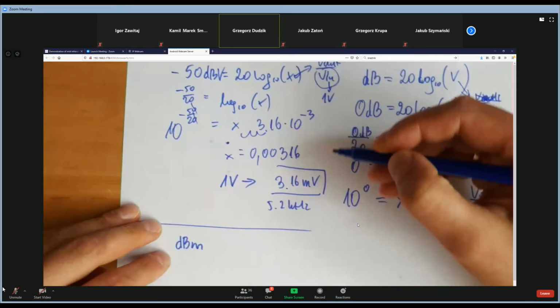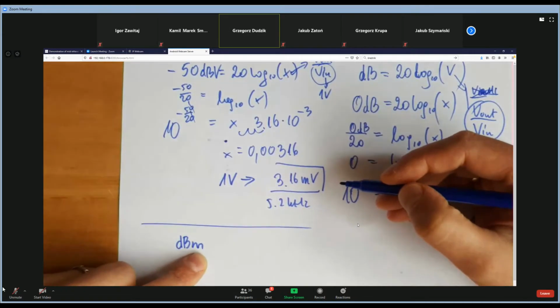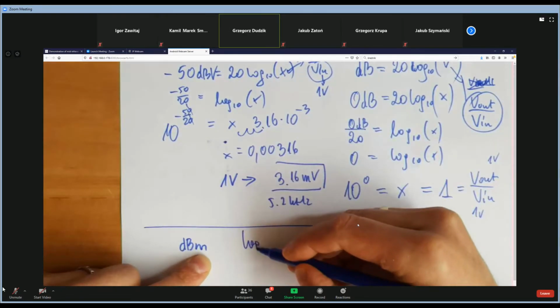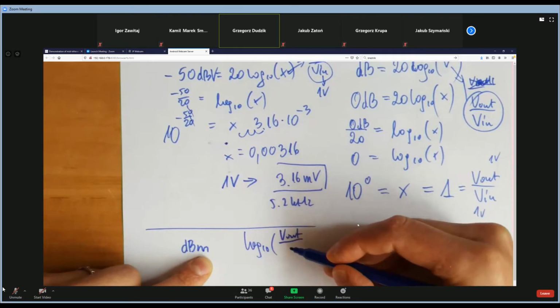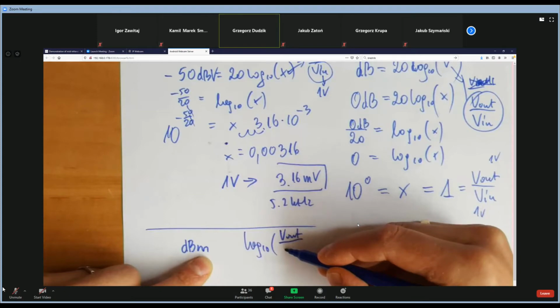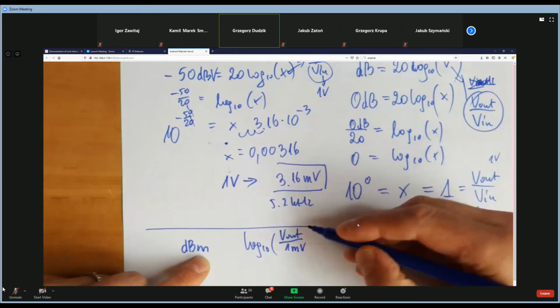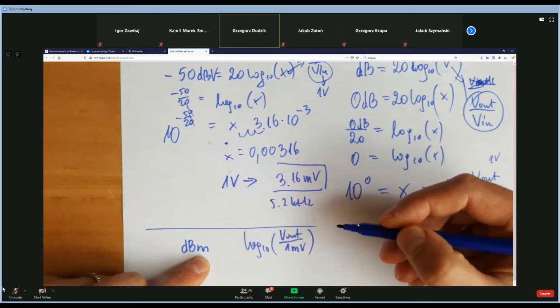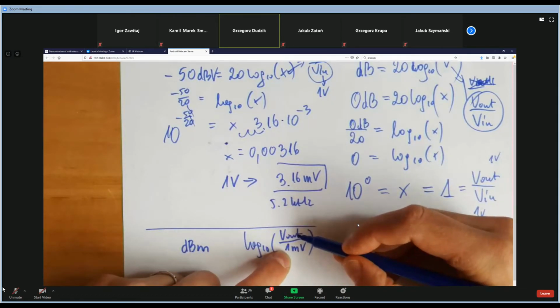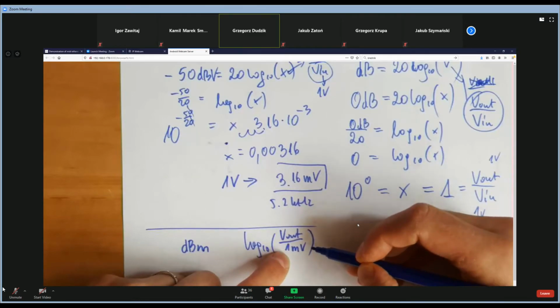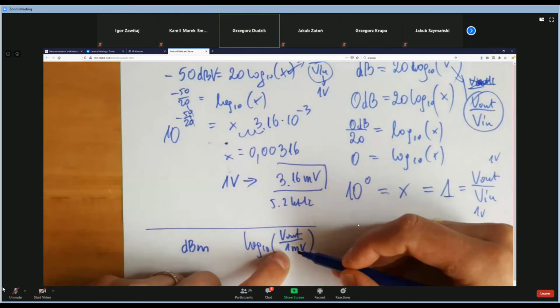If you have dBm, it means that we've got V out over, or with reference to, 1 millivolt. Then 0 dBm means that the output signal is equal to 1 millivolt, because then we've got 1 millivolt over 1 millivolt, which is 1.